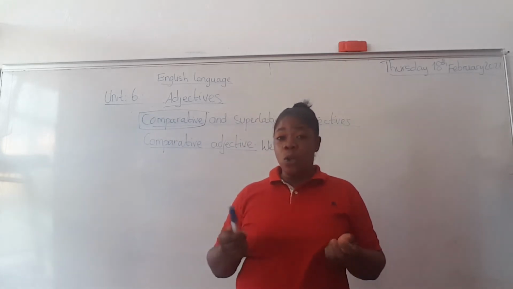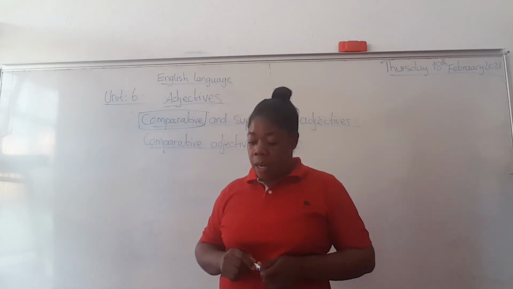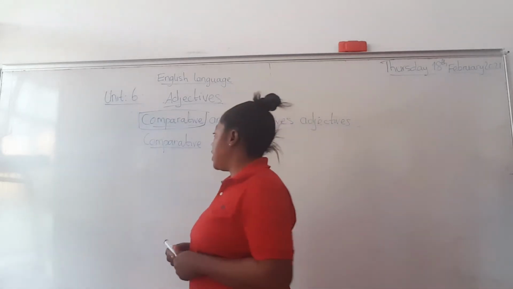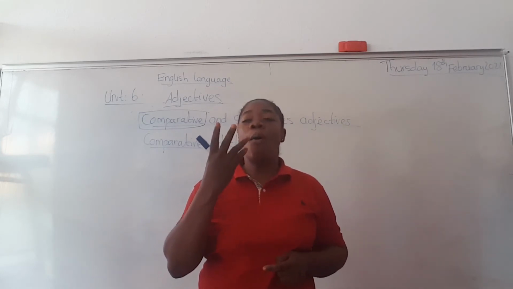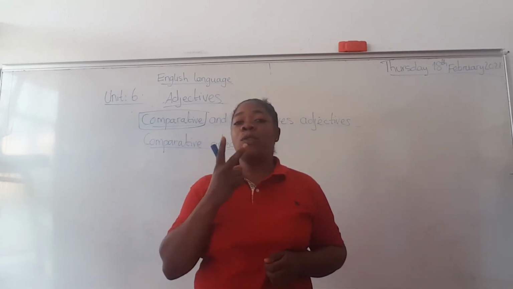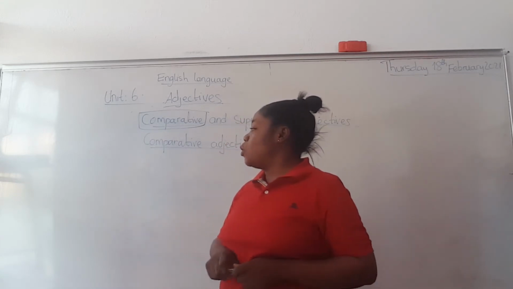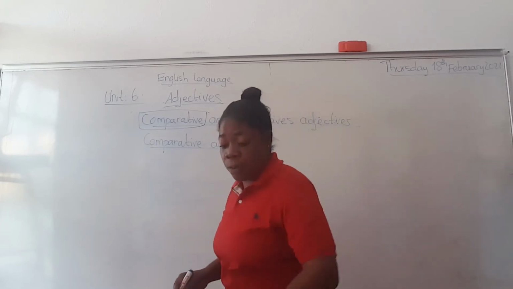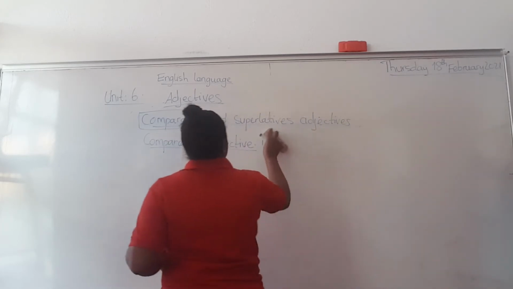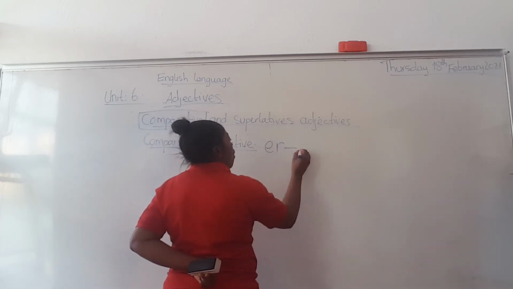I've already told you that an adjective is a word that describes a noun. A comparative adjective is used when you are comparing two or more things. And how do we form this comparative adjective? We form a comparative adjective by adding er or r.